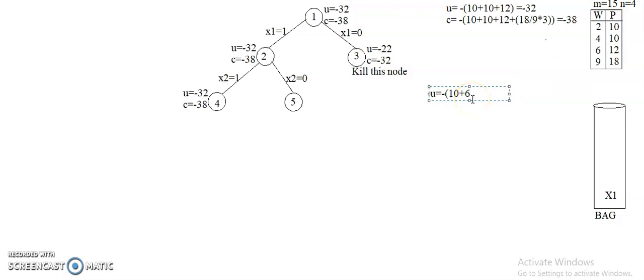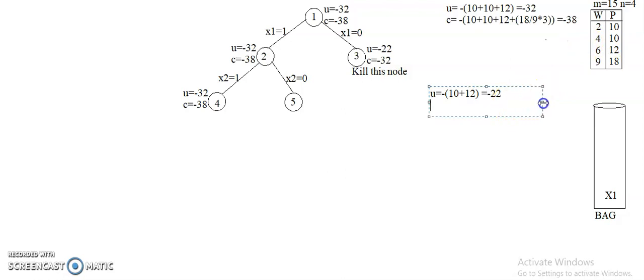So 10 plus 6, this is my upper bound. 2 plus 6 here is 8, and the corresponding profit here is 12. The remaining capacity of the knapsack here is 7, but the fourth item weight here is 9, so I can't include it. So I write the value as minus 22. The upper bound is minus 22.